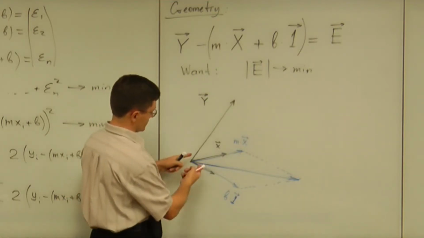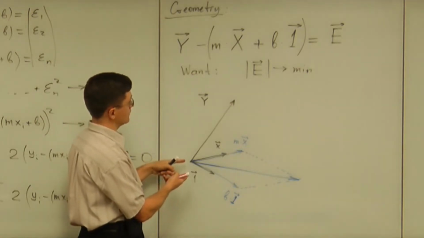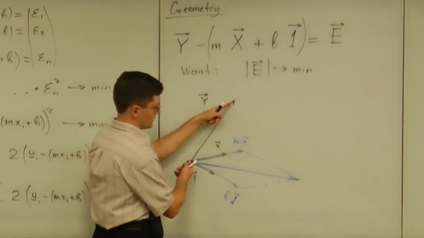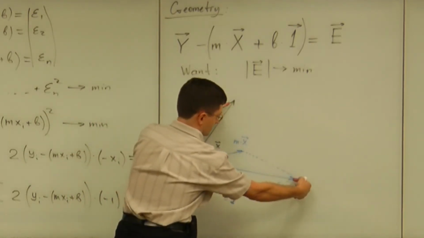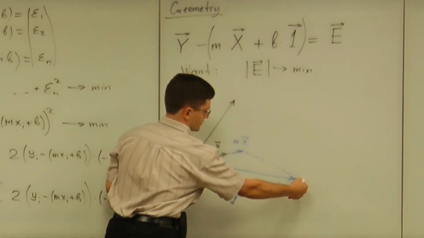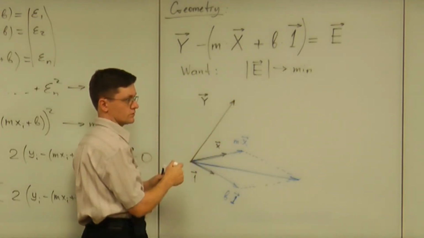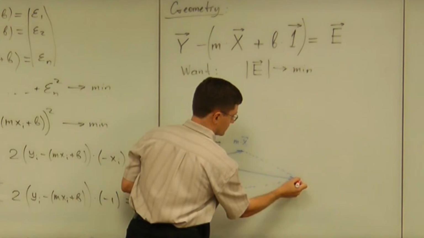And finally, what does it mean to subtract these two vectors? Can I draw the difference? I have this positive and that negative. That negative means going here. Right? So the difference is going to be going from this point all the way to that point. So the difference geometrically is this vector.